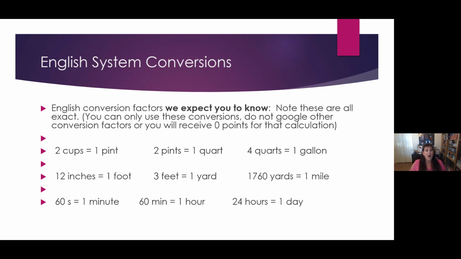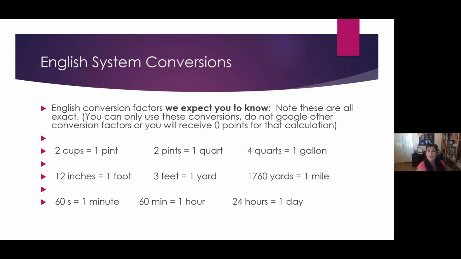All right, so the conversion factors from the English system are 2 cups is 1 pint, 2 pints is 1 quart, 4 quarts is 1 gallon. We actually gave those to you in Chapter 2 to give you a heads up to learn them. Also, you need to know 12 inches is 1 foot. You probably already know that there's 12 inches in a foot. There's 3 feet in a yard.